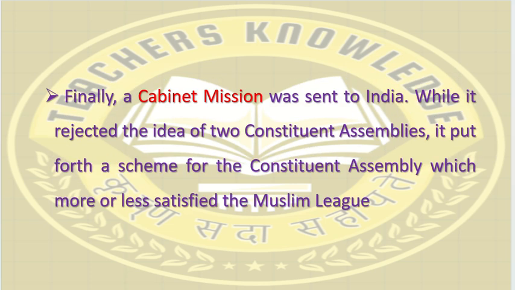But finally, a Cabinet Mission was sent to India by the British. It rejected the idea of two constituent assemblies, but it gave an idea of a constituent assembly which more or less satisfied the Muslim League.